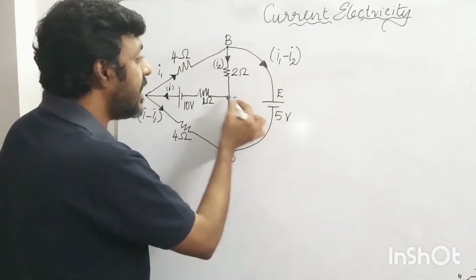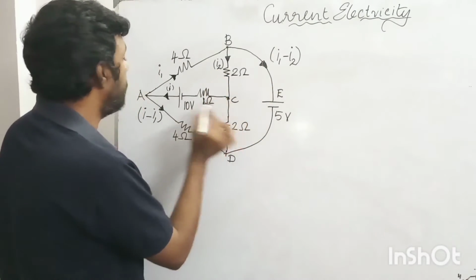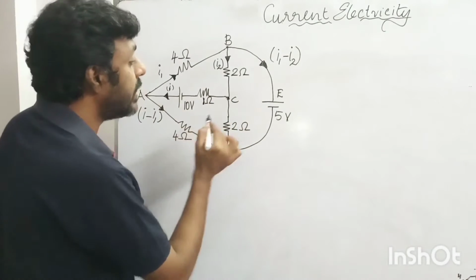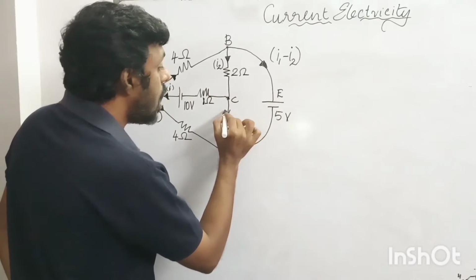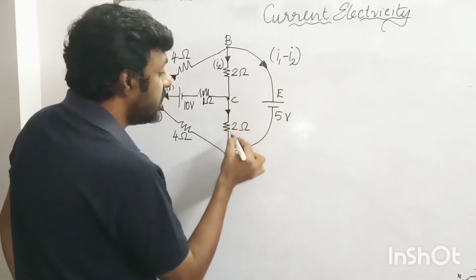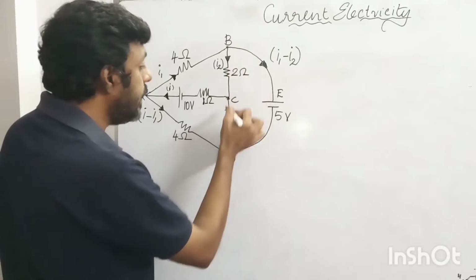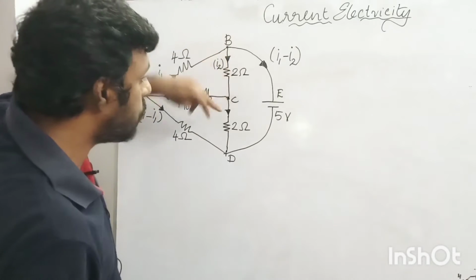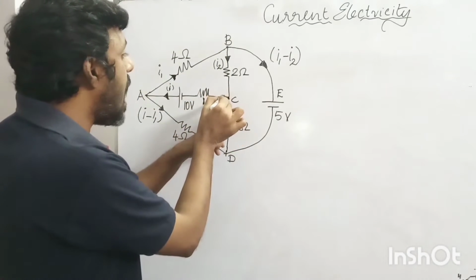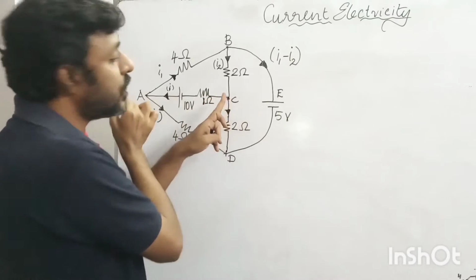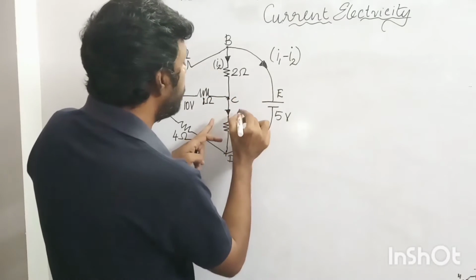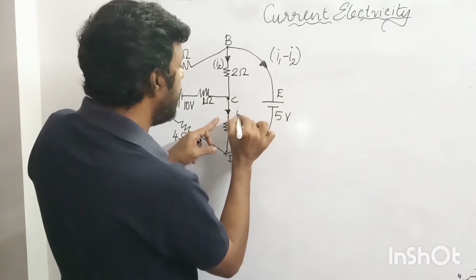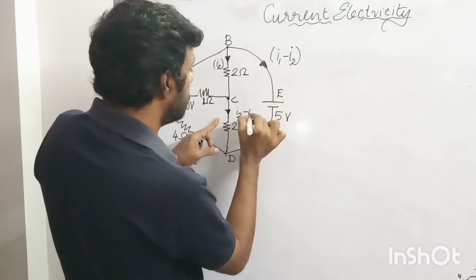From B to C the value of current is I2, and from C to A another current is flowing, that is I. So the current flowing through the branch CD will be I2 minus I. I2 is the current flowing till point C, and at C, I is the current moving out of C. So the current through the branch CD will be I2 minus I.